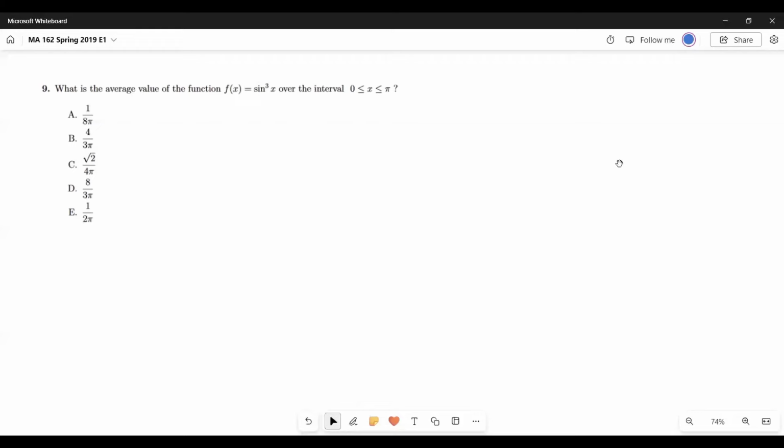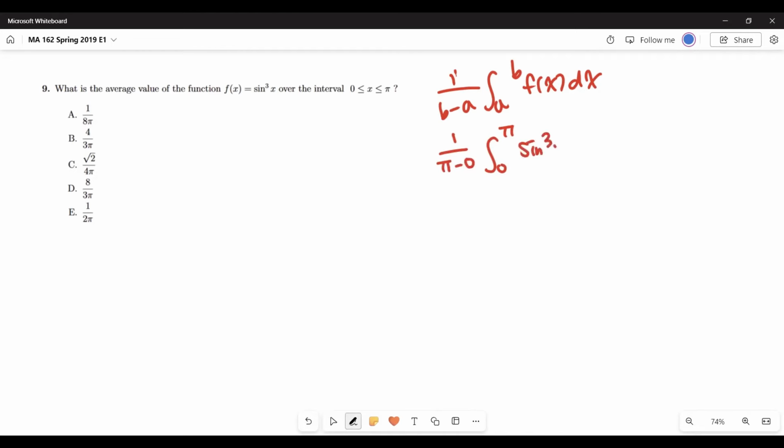Okay, what is the average value of the function f(x) equals sine cubed x over the interval 0 to pi? Okay, so whenever you want to find the average value, this becomes 1 over b minus a, integral from a to b, f(x) dx. And it's from 0 to pi, and b is our pi, so this becomes 1 over pi minus 0, sine cubed x dx.